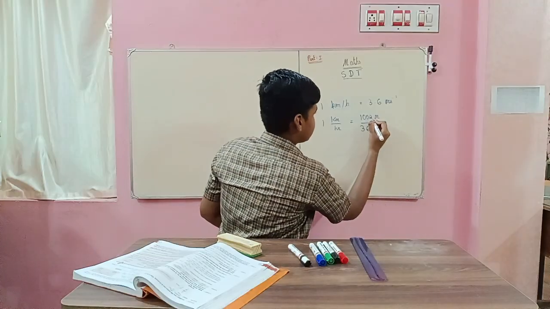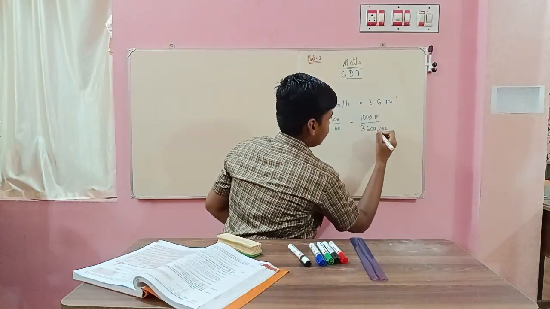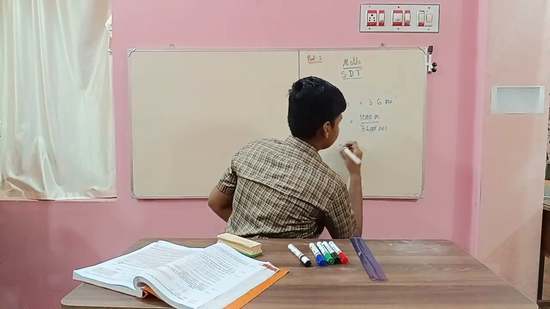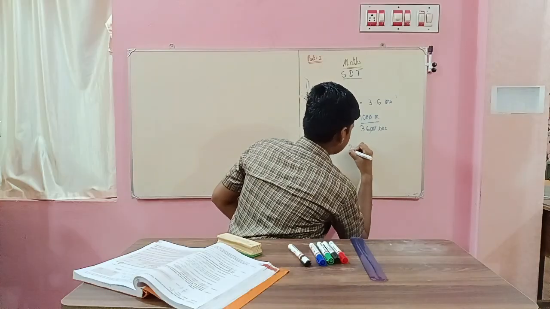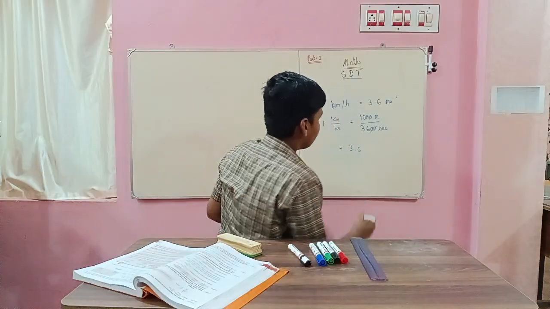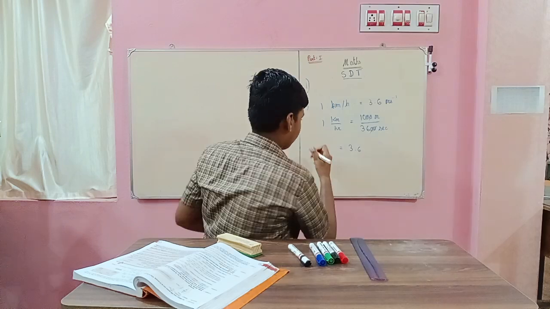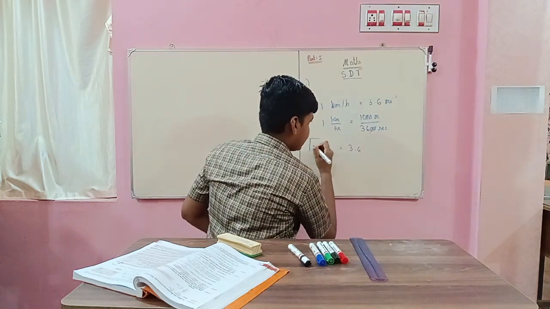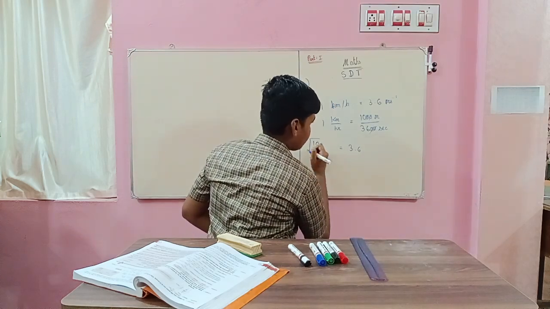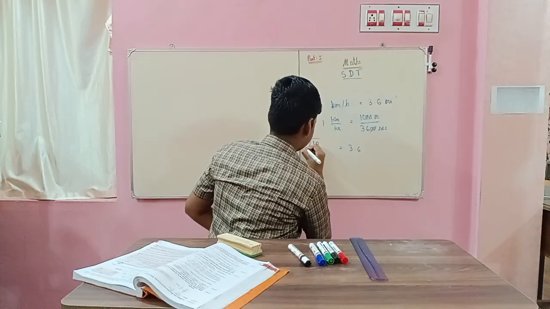So now we are going to do cancellation. Cancelled and cancelled, so it becomes 3.6. For further cases, if you need to divide more, it's very easy, divide 10 by 36.